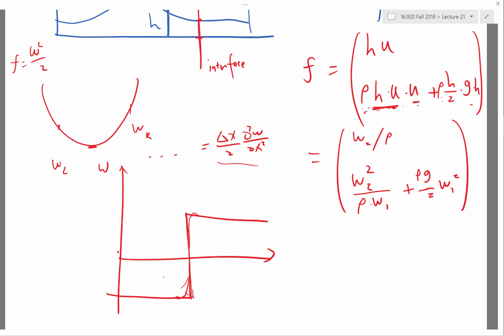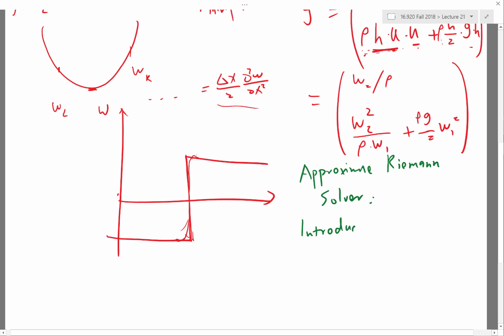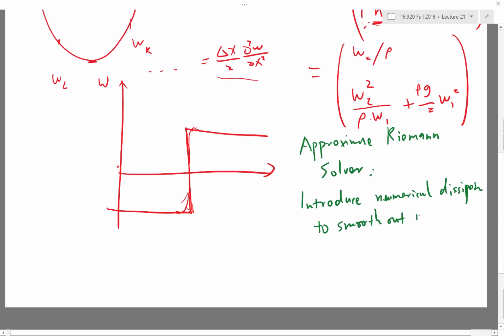Okay, so the goal of an approximate Riemann solver is basically to introduce numerical dissipation to smooth out non-physical discontinuities.